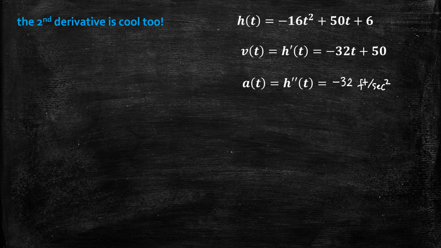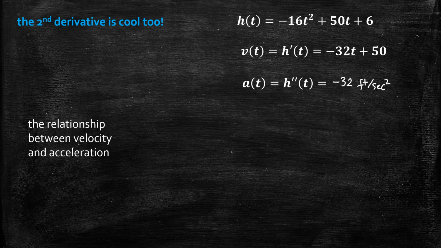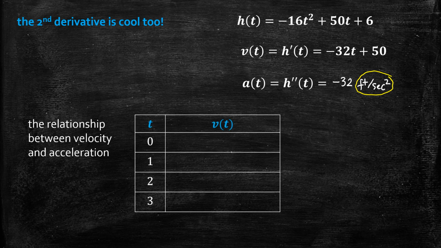So notice that it is independent of time, right? That's a constant, no matter where you are on the Earth's surface. So what I like to do here is show you the relationship between velocity and acceleration. Sometimes students have a hard time understanding exactly what those units mean. So let's look at a few samples of the velocity.